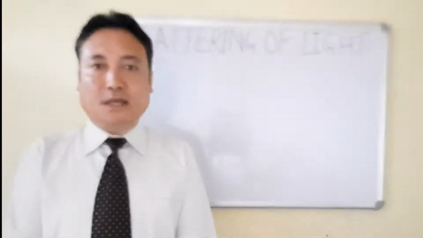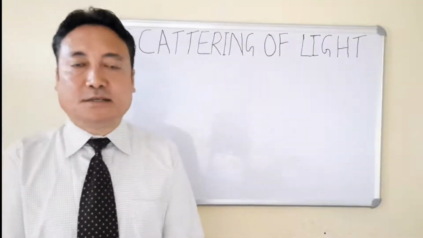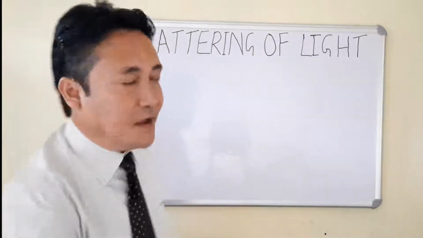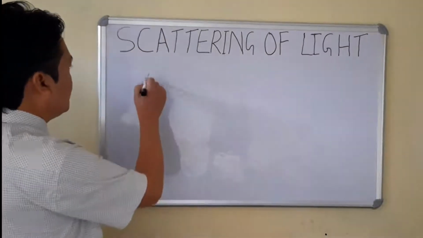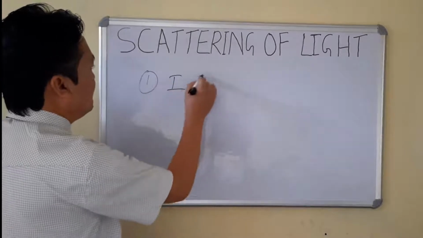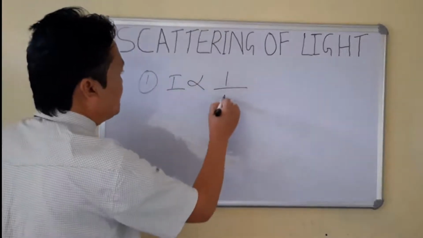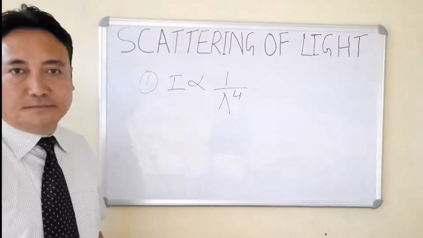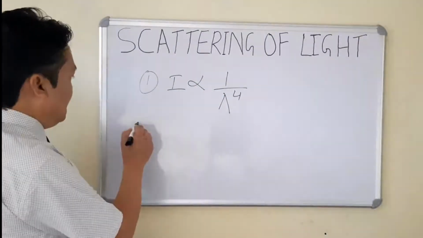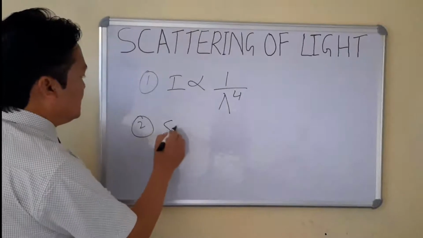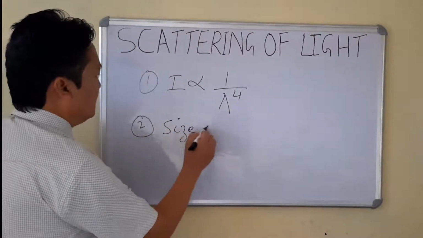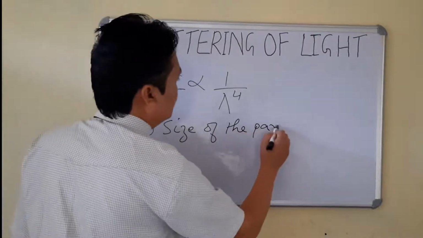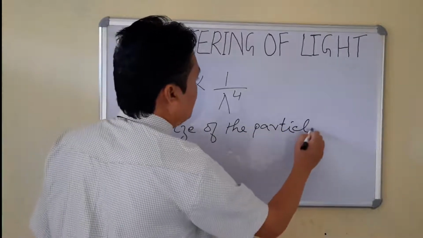Before we come to the applications, let us discuss the factors affecting the scattering of light. Number one, the intensity of scattering of light is inversely proportional to the fourth power of wavelength. The second factor is the size of the particles.